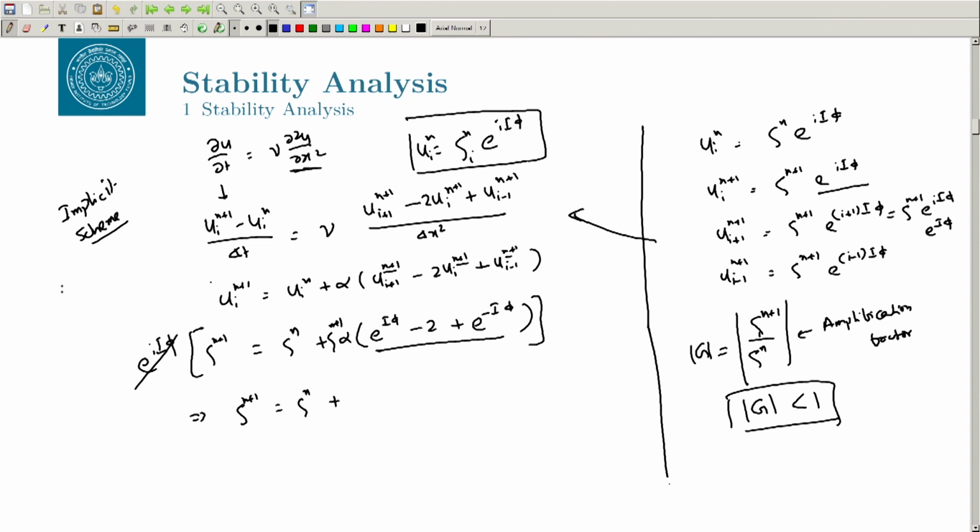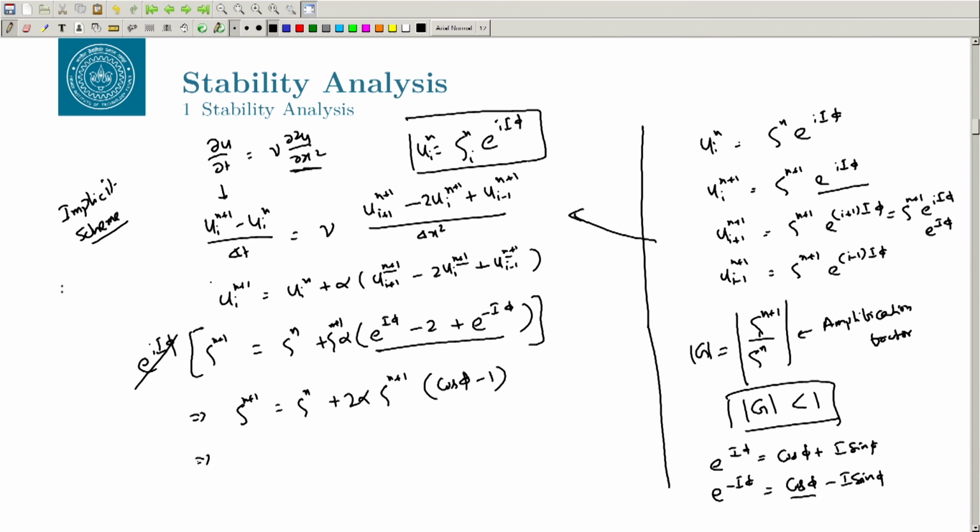So, we have discussed the Euler's equation, e to the power I phi is equal to cos phi plus I sin phi, and e to the power minus I phi will be cos phi minus I sin phi. Okay. So, if you sum that up, that will become 2 cos phi and there will be minus 2, right. So, this is alpha zeta to the power n plus 1, you can take 2 outside, okay, that will be cos phi minus 1, right.